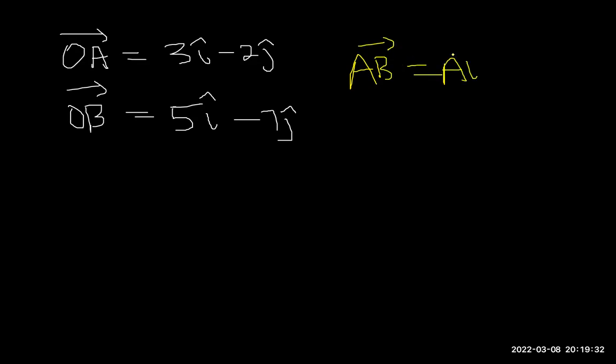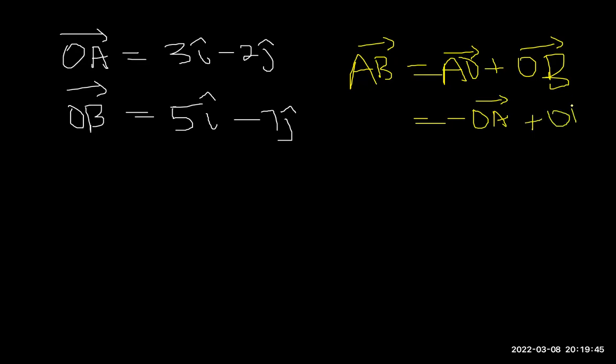AB is AO plus OB. And of course, we know AO is actually minus OA. You never know what the marking scheme looks like for your year.